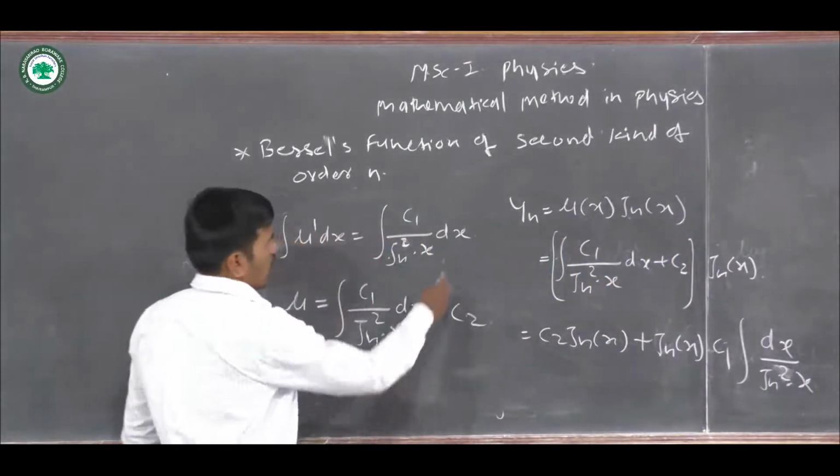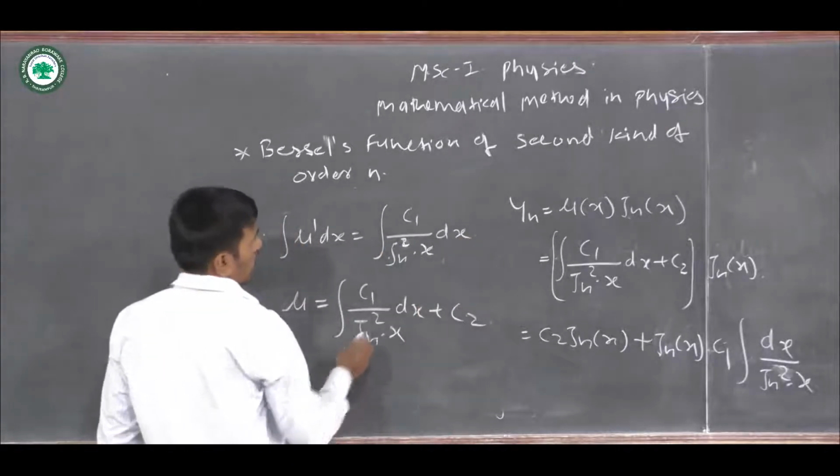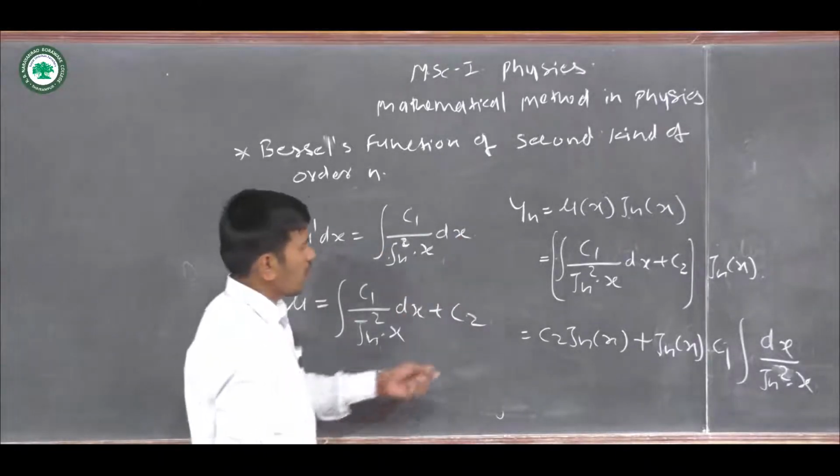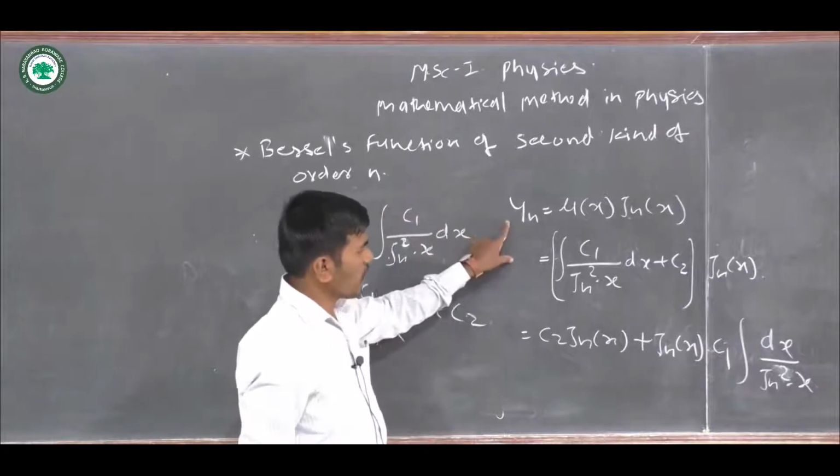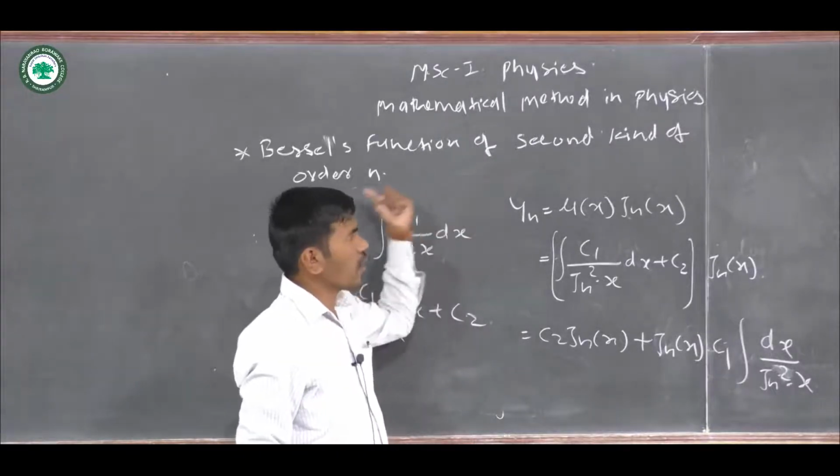So we can write this y_n as the solution of the Bessel differential equation of the second kind of order n.